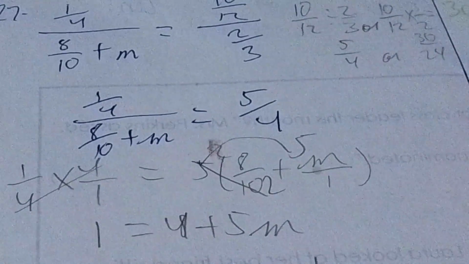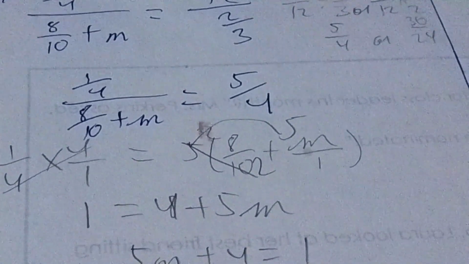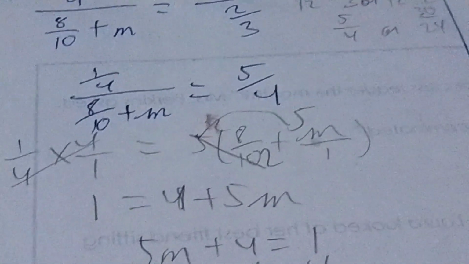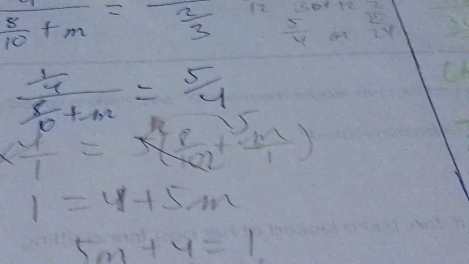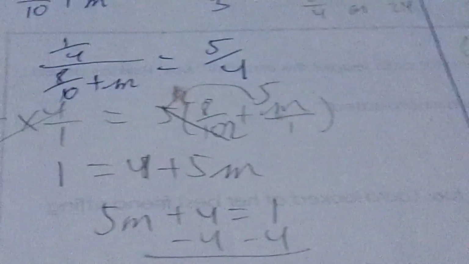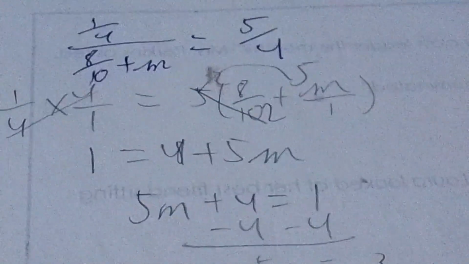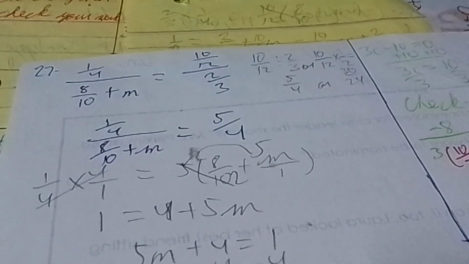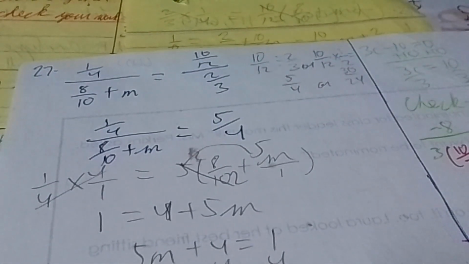I also have to multiply by the numerator, so 5 times 8 equals 40, and 5 times m is just 5m. So 1 is equivalent to 4 plus 5m.